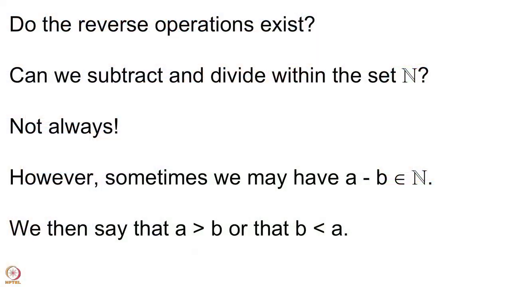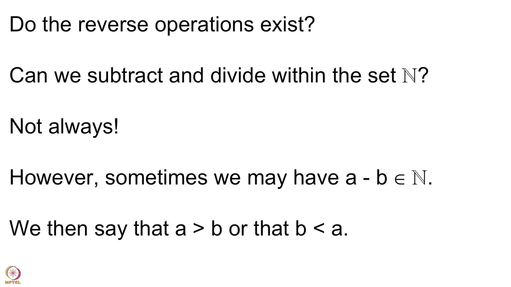So, if you have a and b such that a minus b is natural, then we say that a is bigger than b, or you may say that b is less than a. So, let us have this as our definition. If you can subtract a natural number, which we have taken here to be b, from another natural number a and remain in the set of natural numbers, then we say that a is bigger than b, or that b is less than a.